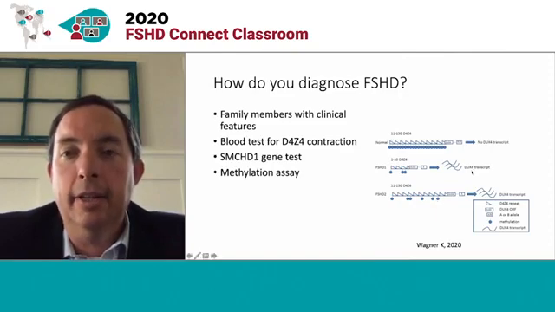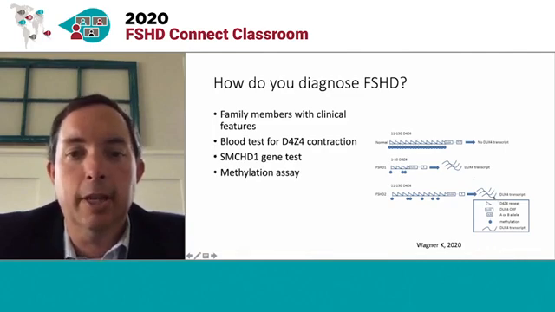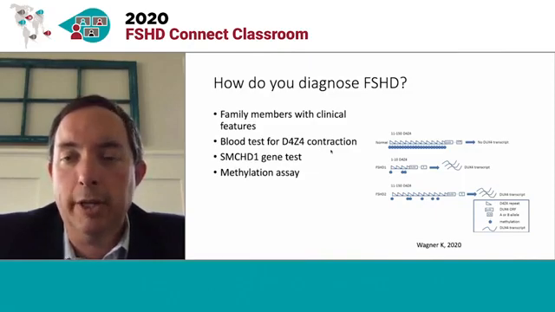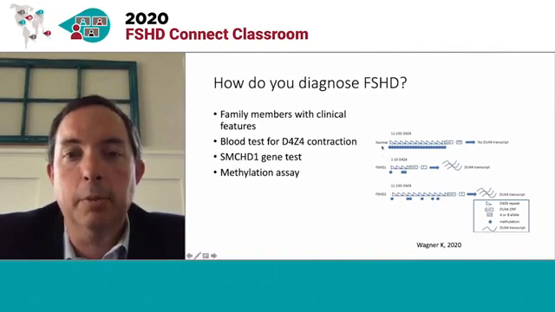At the end of the day, the result is the same, and that DUX4 transcript is released, causing damage to muscle tissues. So most people, particularly with FSHD1, will start with that D4Z4 contraction, and that will provide the diagnosis of FSHD1.